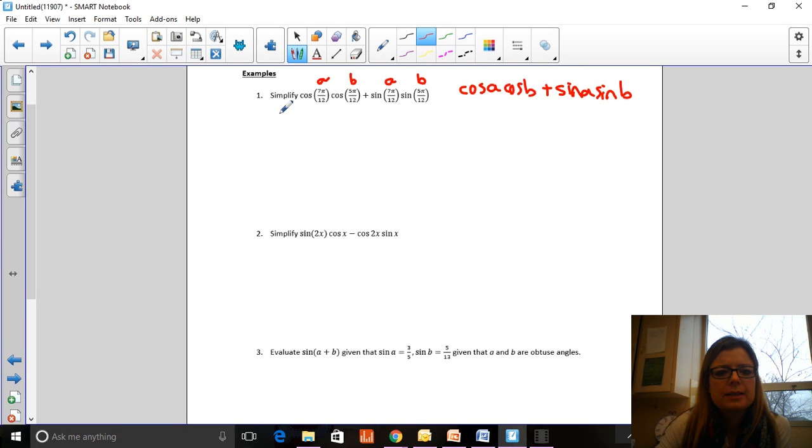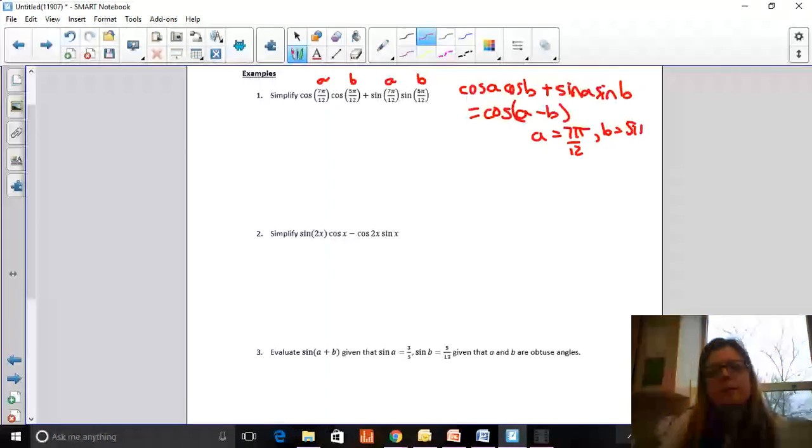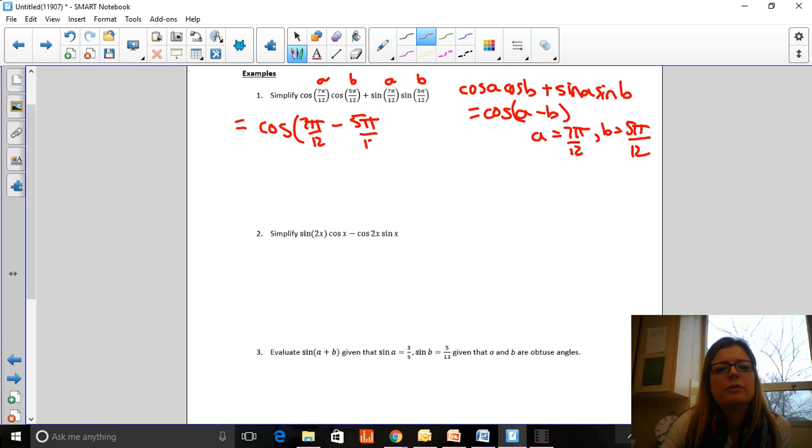Okay, so this is just equal to cos A minus B, where A in this case is 7 pi over 12 and B in this case is 5 pi over 12. So this can all be rewritten then as cos 7 pi over 12 minus 5 pi over 12.